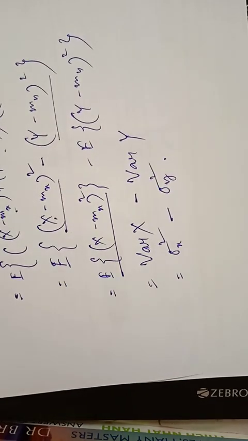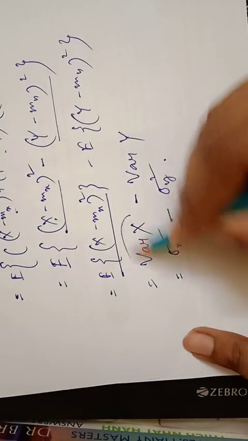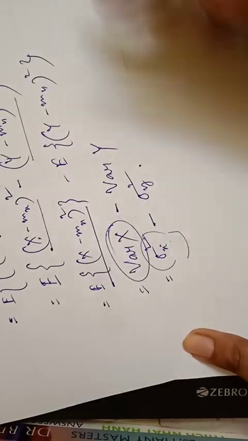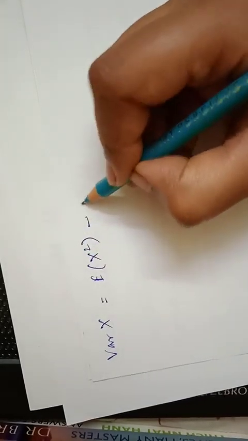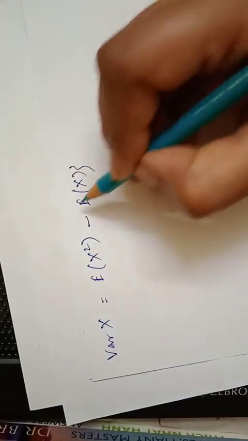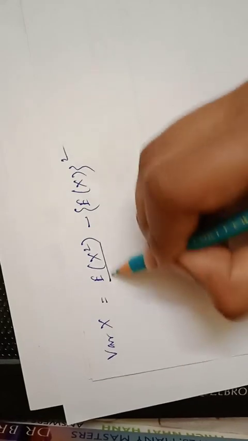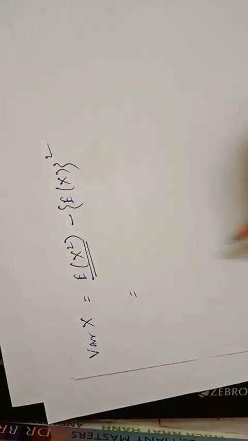So now our next target is to find the variance value, or the sigma x square value. To find the variance we need to use that formula. Variance of x is expectation of x square minus expectation of x its whole square. Now you know how to find out expectation of x square.